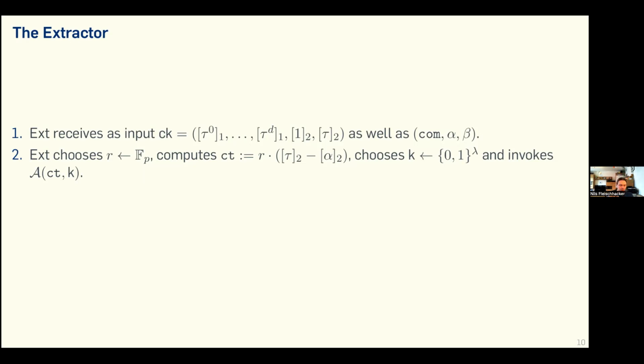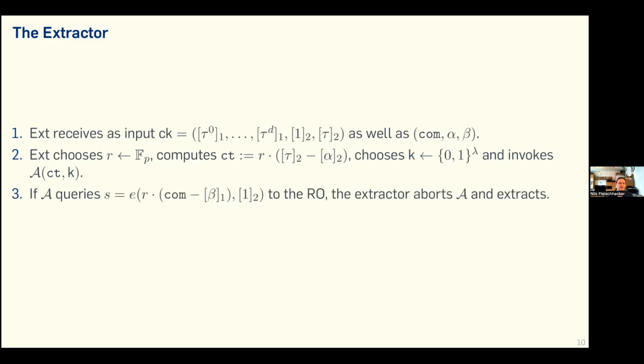Until the point when the random oracle is actually queried on S, it makes no difference, because in both cases the key is a uniformly random key, unless you actually query S. And since in the next step, once S is queried, we just abort A, it makes no difference that we choose K uniformly random, independent of any kind of bit.